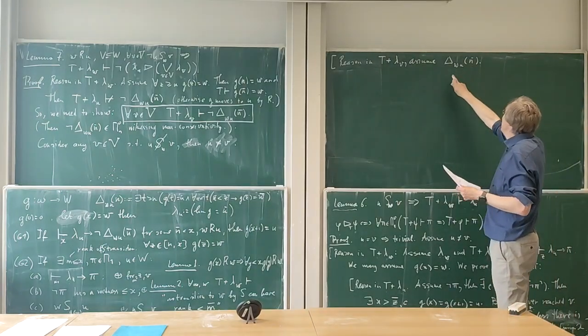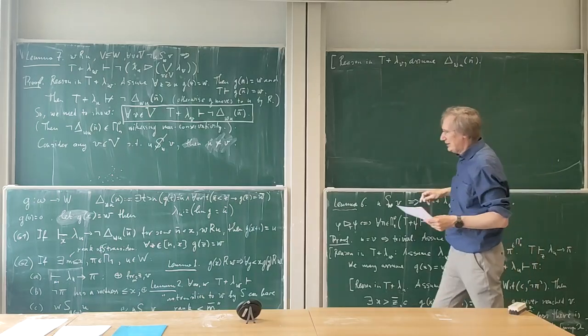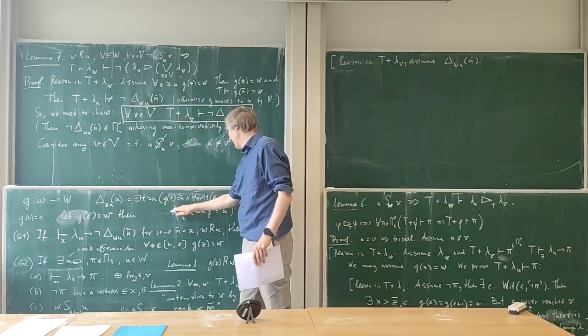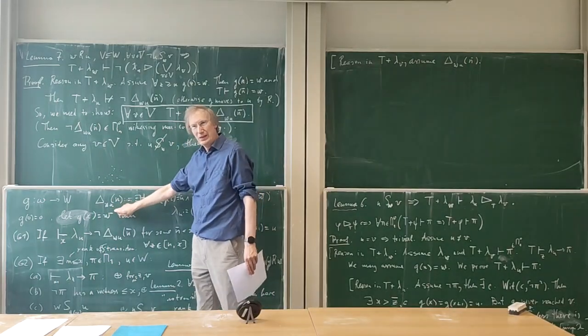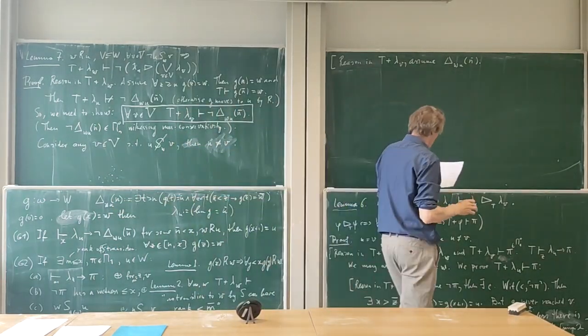If delta, what was delta? Delta means that our function jumps from w to u after n immediately.